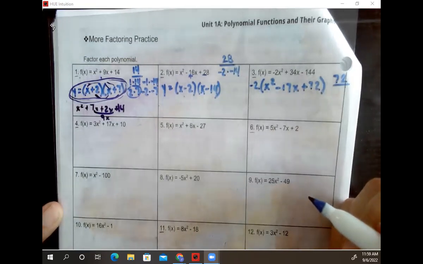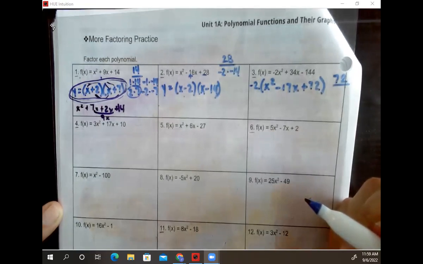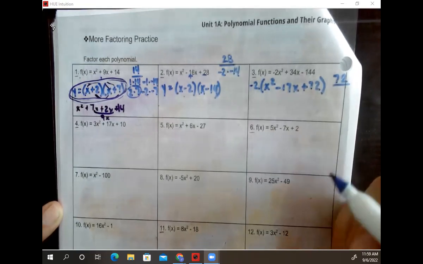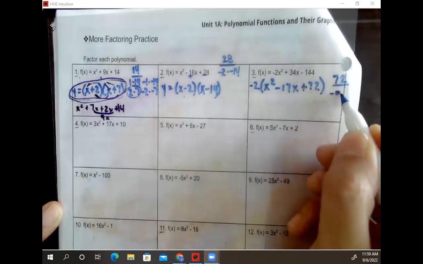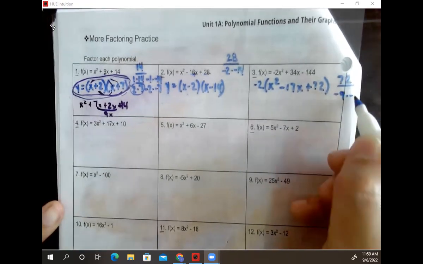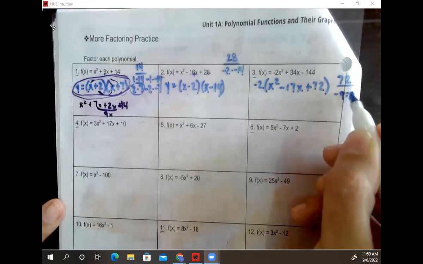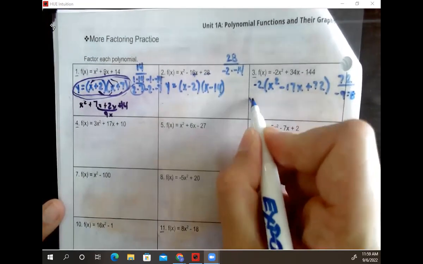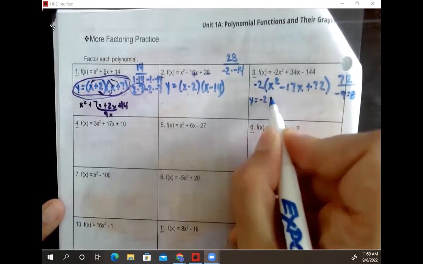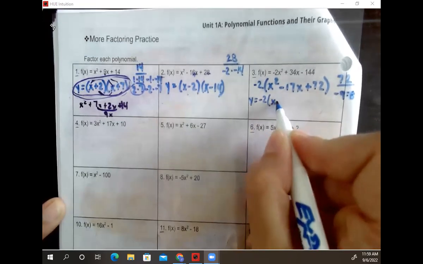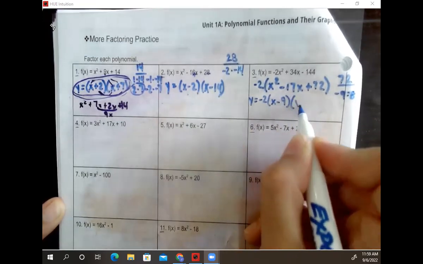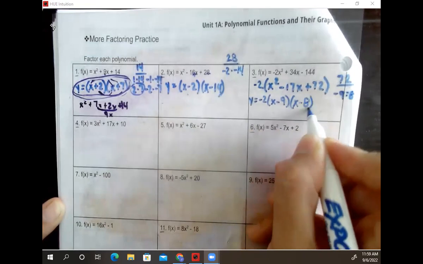So what would multiply to give me 72, but add to give me -17? -9 times -8. Perfect. Oops, running out of space there. So this factored form would be y equals -2 times x minus 9 times x minus 8. Perfect.